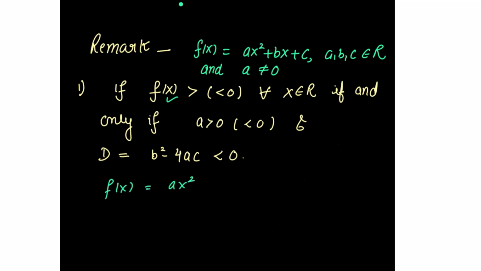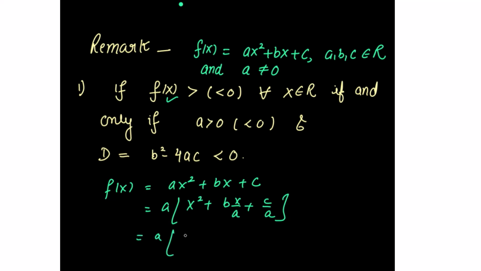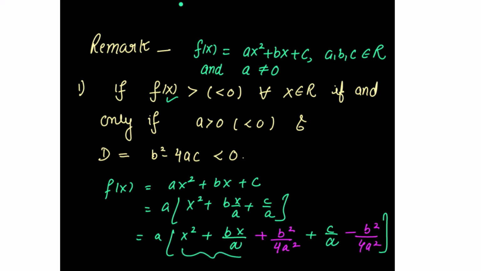What is f(x) given to us? It is ax² + bx + c, a quadratic. Let's take a common from this. So it is a(x² + bx/a + c/a). To make a perfect square, I am going to add and subtract b²/4a² so that I can get a perfect square from these terms.